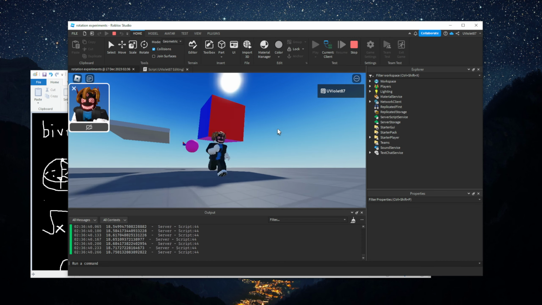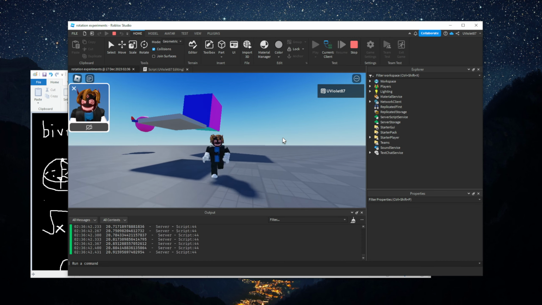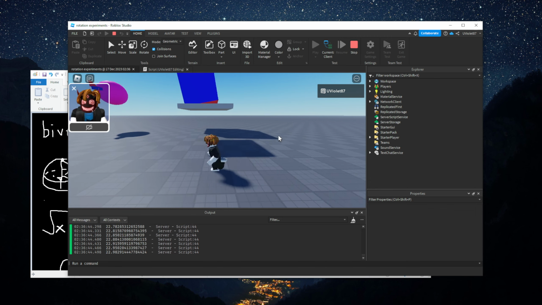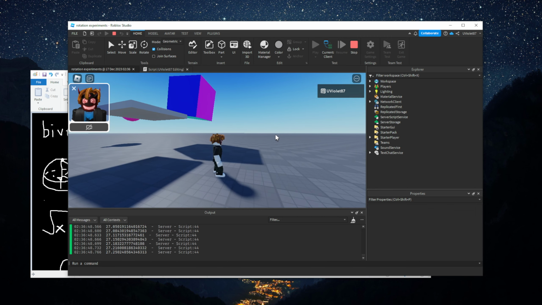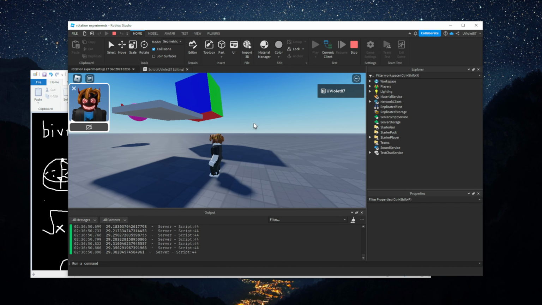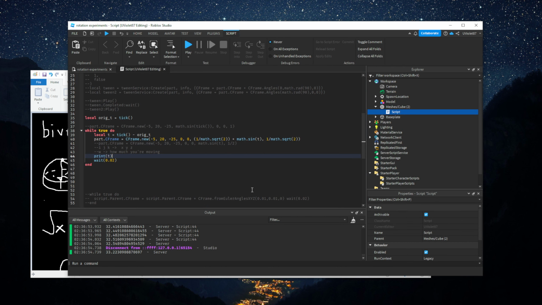But we're actually seeing basically the same thing as before. We're seeing this rotation between -90 degrees and +90 degrees, which makes sense to me.